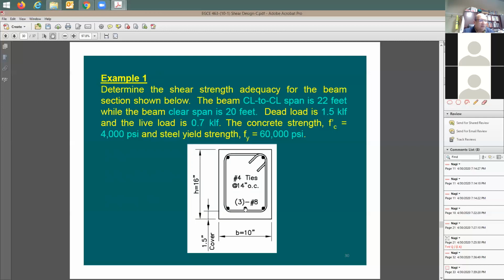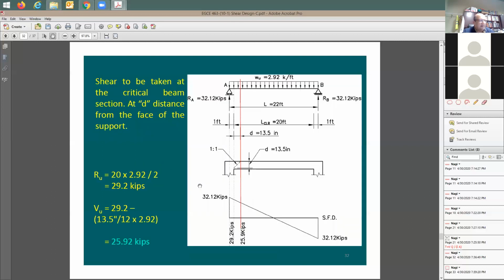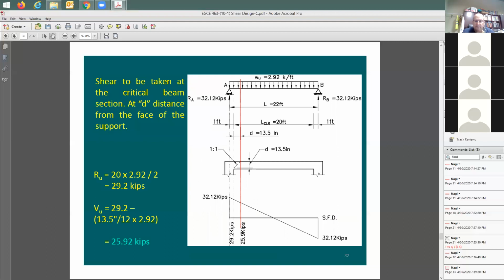You have 1.5 plus half, which is 2.25. Let's say 2.5, roughly. So 16 minus 2.5 is 13.5. This is how I came up with 13.5 for the depth. Did I answer this question? Did you calculate the effective depth? Yes, this is the effective depth. Thank you.